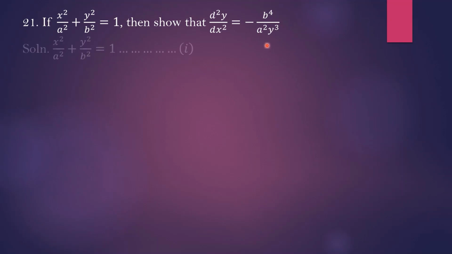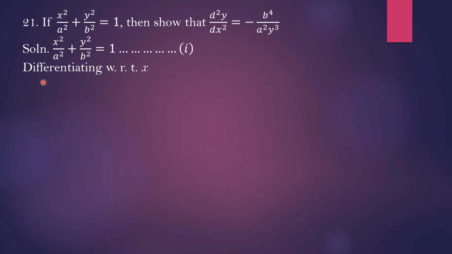So come to the solution of the question. First we write the expression as it is, and then differentiate. So differentiate only x square and y square, because a square and b square are constant numbers, so they will remain same. You have to differentiate only x square and y square, right side will be 0.